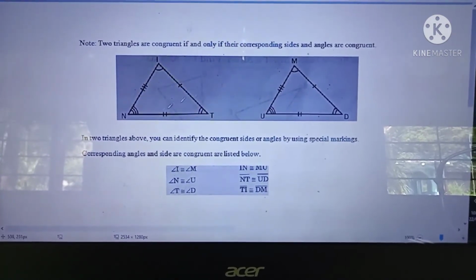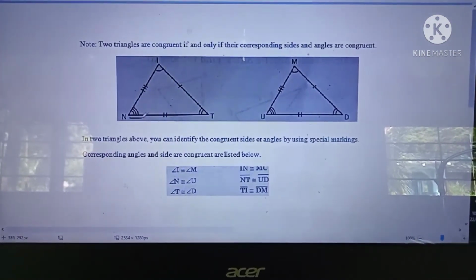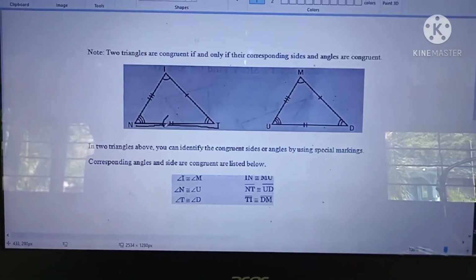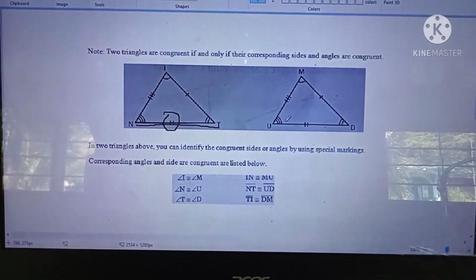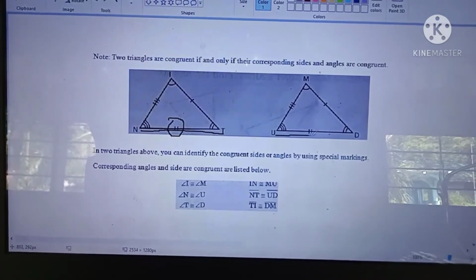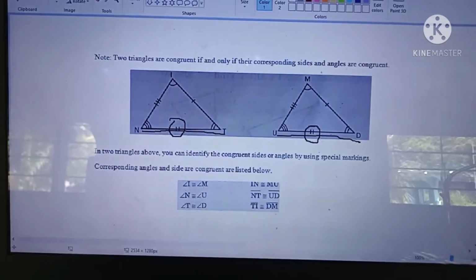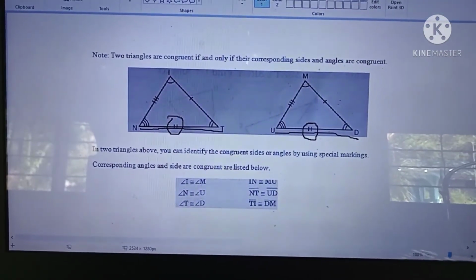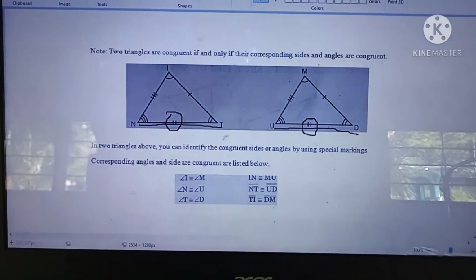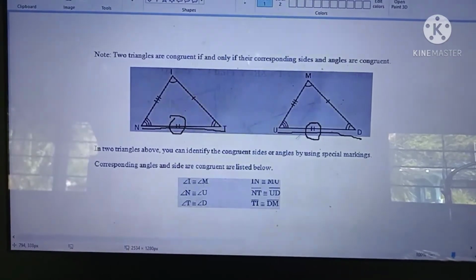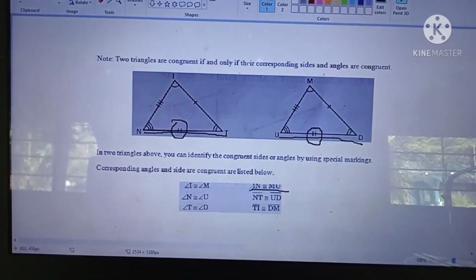Okay, look at this one. Side NT has 2 lines. Side UD has also 2 lines. So therefore, side NT and side UD are congruent.